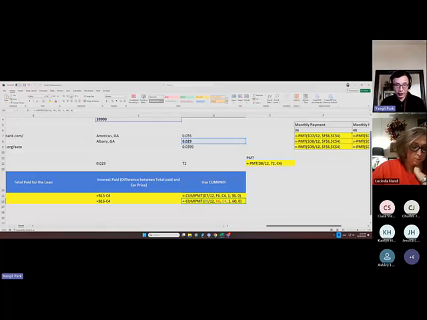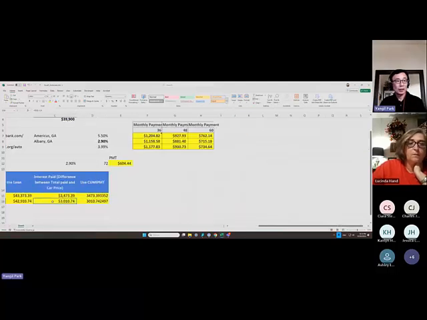Then we had exactly the same amount for CUMIPMT and just subtracting the difference between total cost and the car price. So that's how this assignment consists.